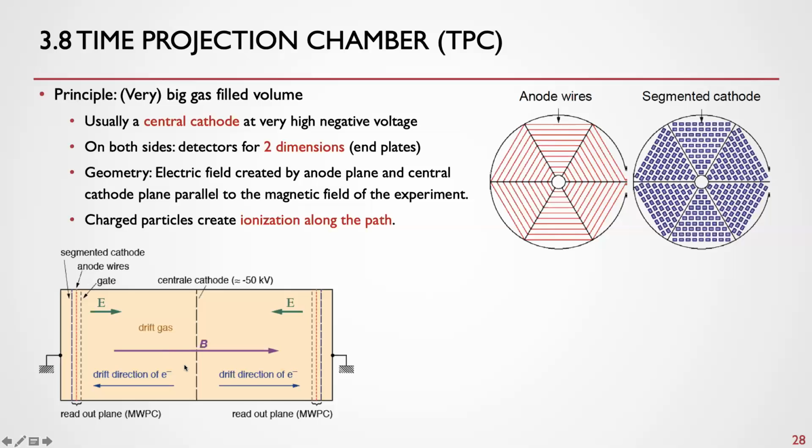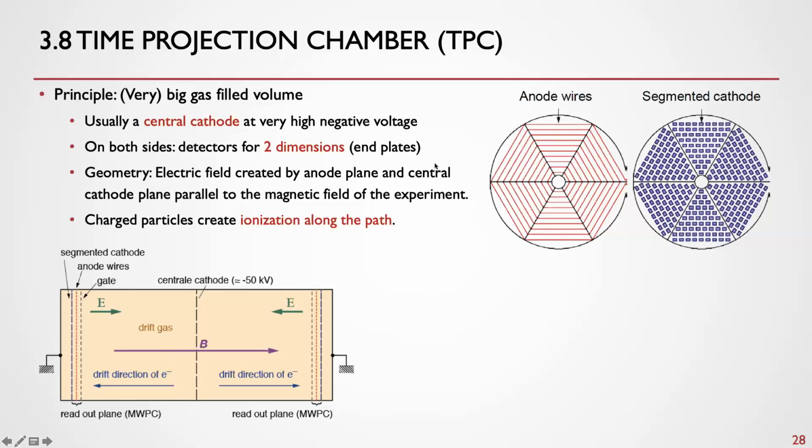The charged particle's track will bend. It will give a segment of a spiral in the gaseous medium, and the electrons will drift with kilometer per second speed towards the readout plane.